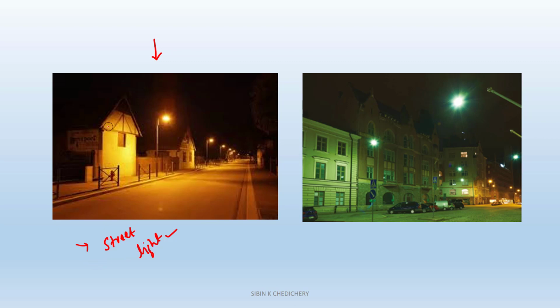So when we illuminate a street using a sodium vapor lamp, the objects here will appear in yellow color or black color only. Take an example: a red color car is parked here. When we see this car under the influence of a sodium vapor lamp, we cannot identify its real color.